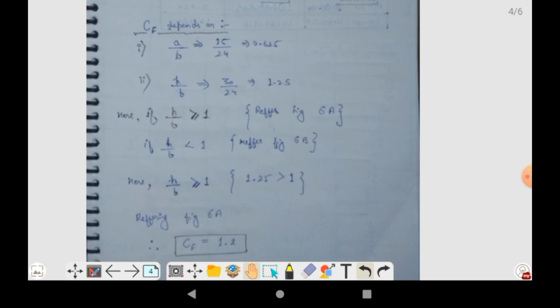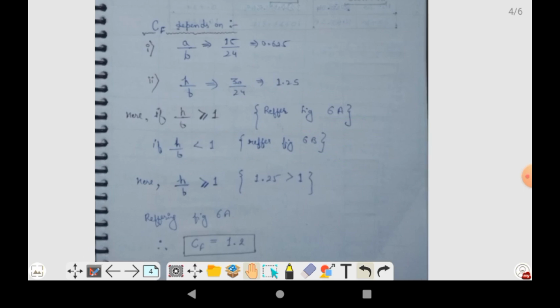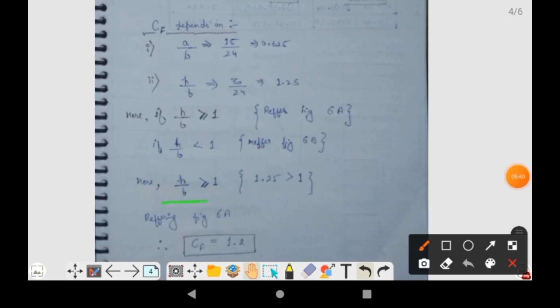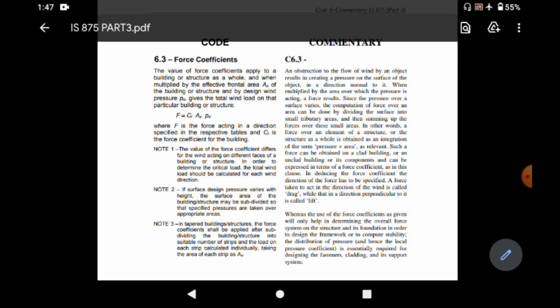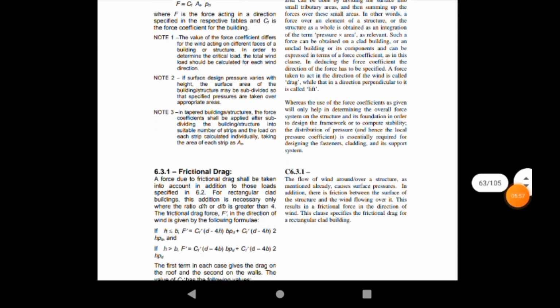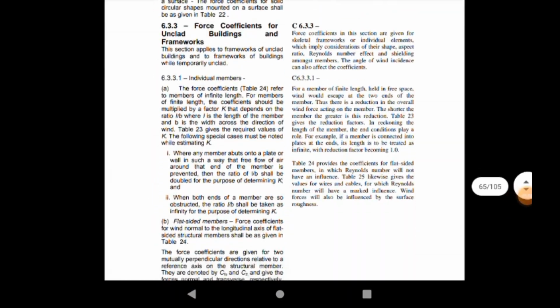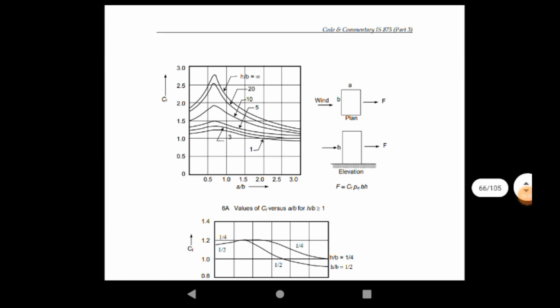According to this question, we can see that our H by B ratio is greater than 1, as 1.25 is greater than 1. So now we will be referring to figure 6a. Figure 6a is provided in the code at page number 66, so at page number 66 we will find these values.